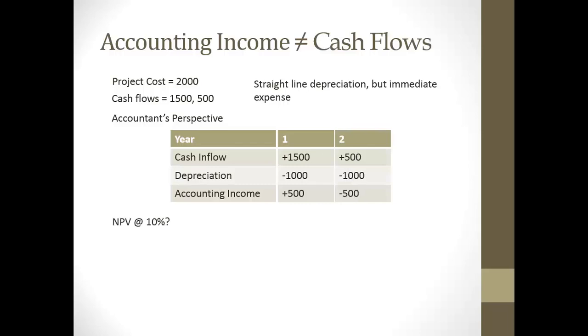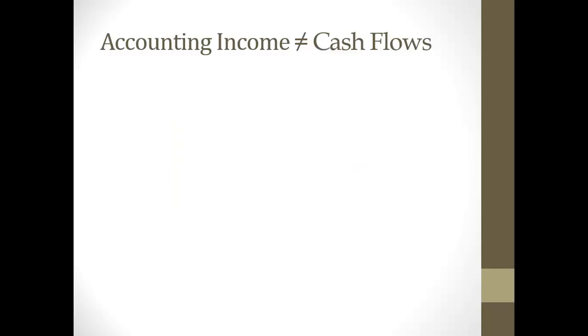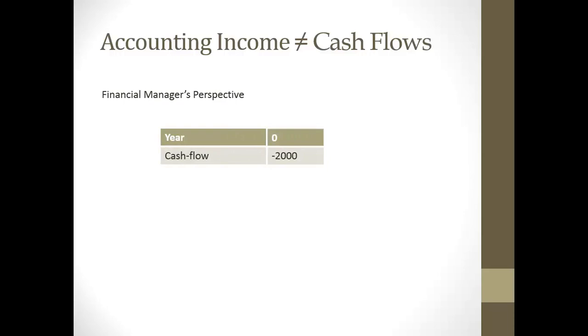So if we discount these cash flows and find out the NPV at 10%, then we will see that the net present value is actually $41.32, which is not how a financial manager would look at this project. How a financial manager looks at this project is, I spend the cash at time t equals 0. So the year 0 cash flow is minus 2,000.